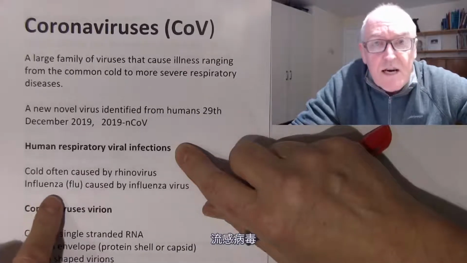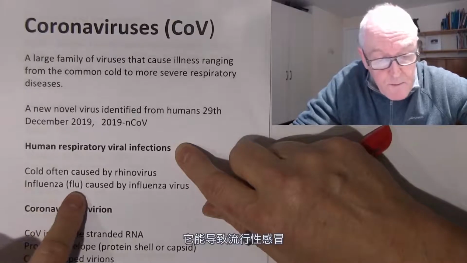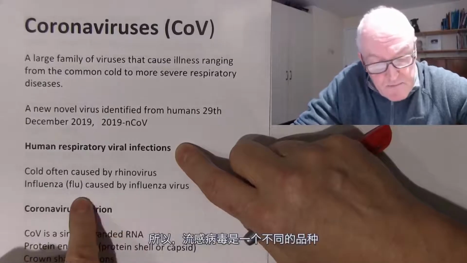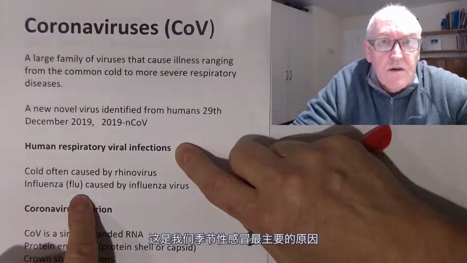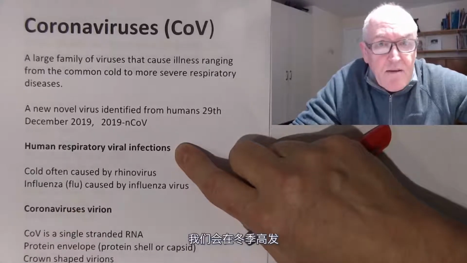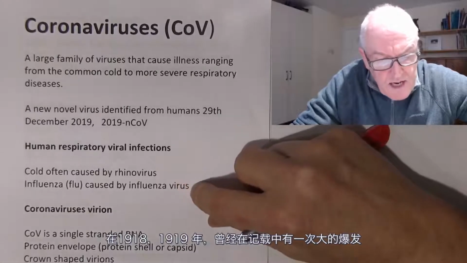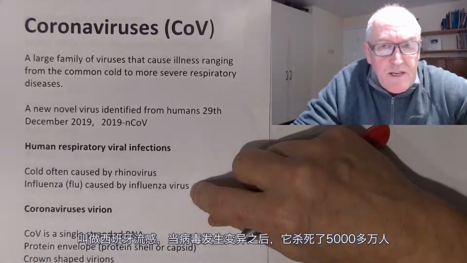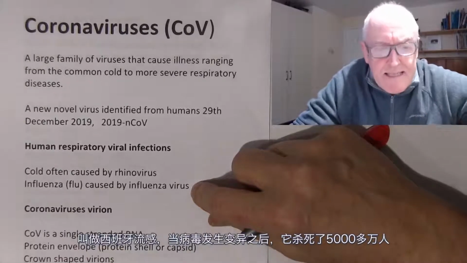Or influenza is another type of respiratory virus. This causes flu. So it's an influenza virus. There's different types. But this is the main cause of seasonal flu, the flu that we get more of every winter. And there was a quite outrageous outbreak in 1918, 1919. In the West, we called it the Spanish flu, and it killed about 50 million people when a virus mutated.